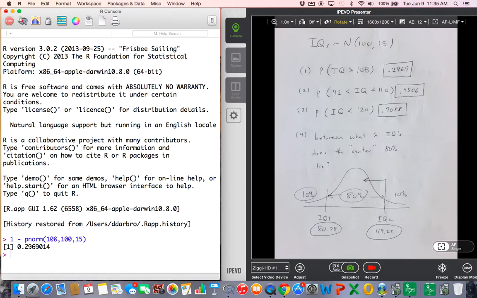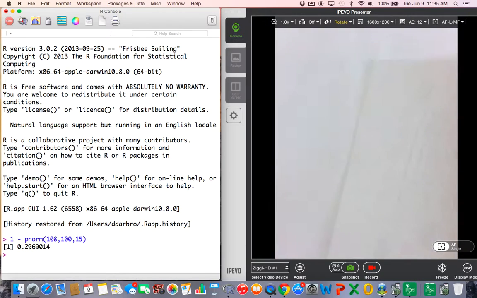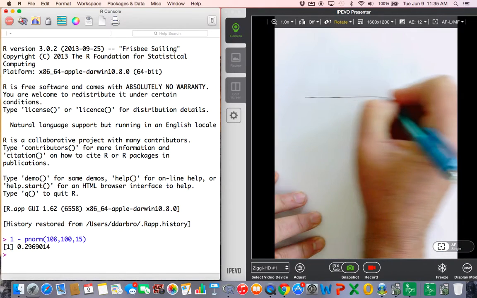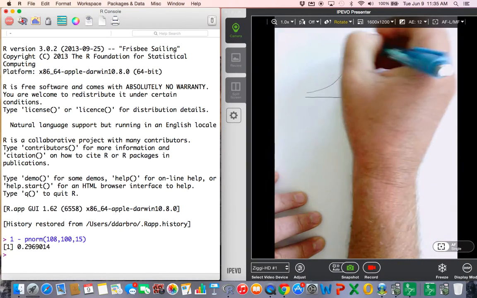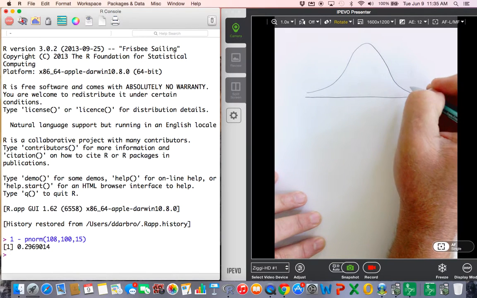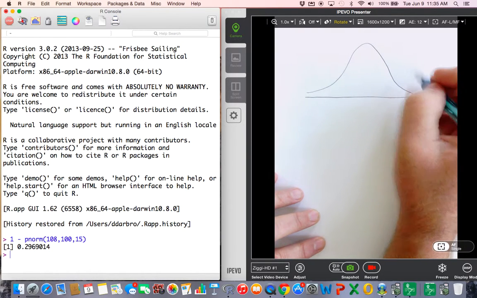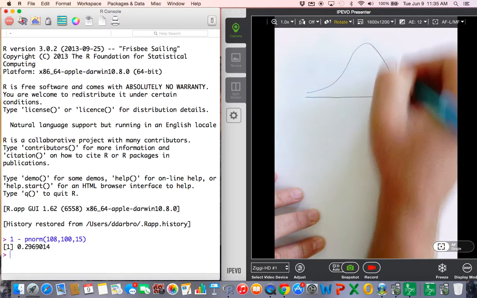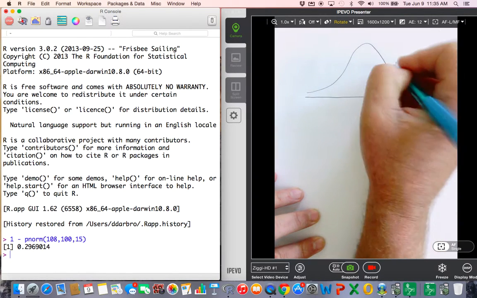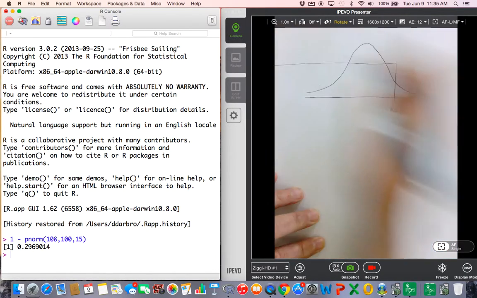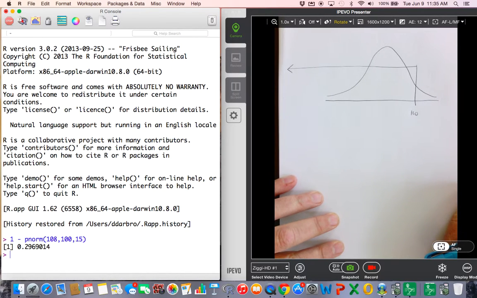Now, if I've got the situation where I've got between 92 and 110, now this is harder. This is much harder on R than it is on the other, because I've got to be tricky. P norm always gives me percent below. So first of all I've got to look at my upper bound of 110, calculate that area all the way down to negative infinity.